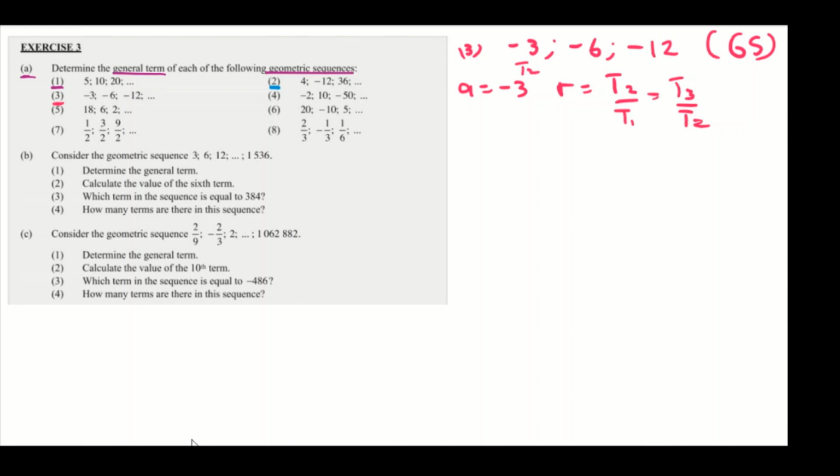Sorry, it's going to be T1, T2, T3. So R is equal to minus 6 over minus 3 equals minus 12 over minus 6.